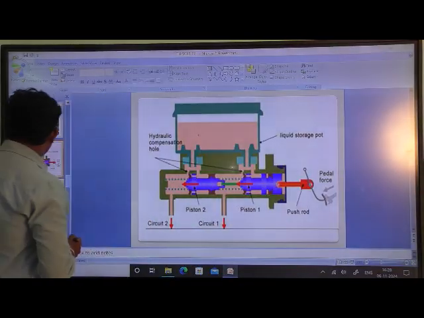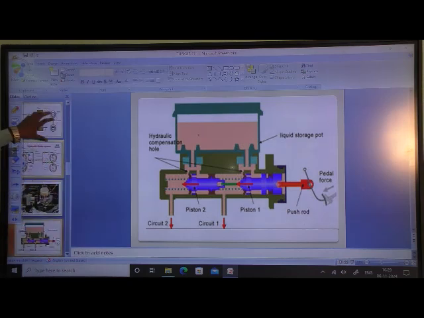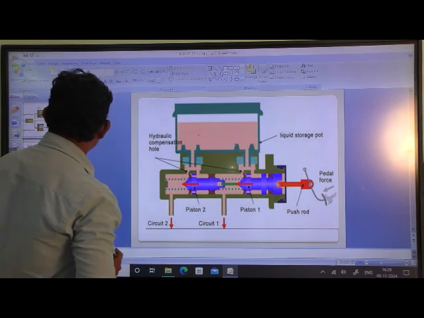According to Pascal's law, whenever we apply the brake pedal, at that time the pressurized fluid flows to every wheel in equal intensity of pressure. So whenever we apply the brake in the hydraulic braking system, pressure is equally distributed to the four wheels from the master cylinder, so it functions very easily and it is comfortable for the driver.